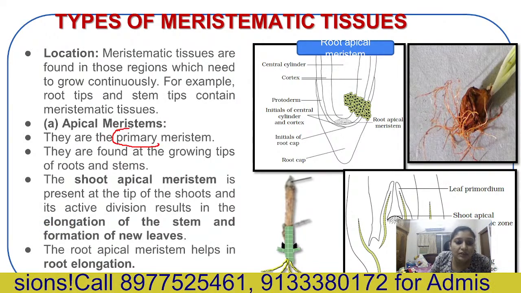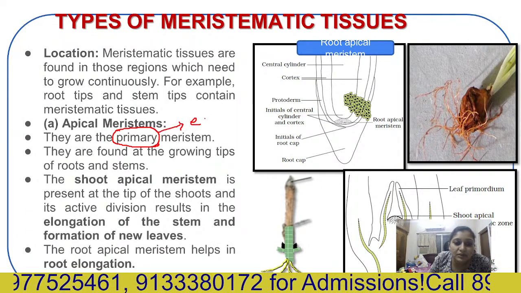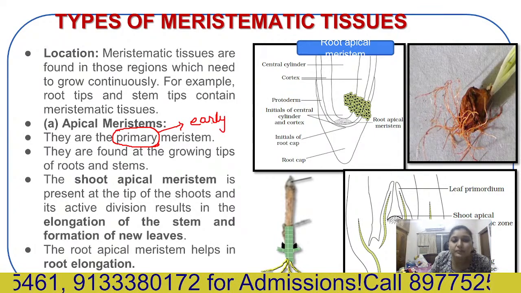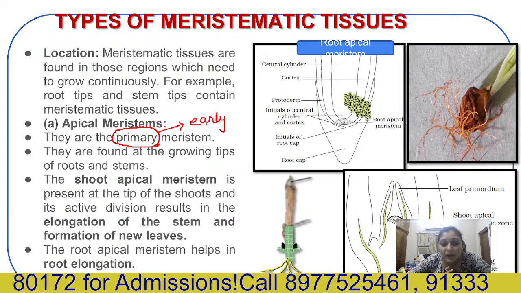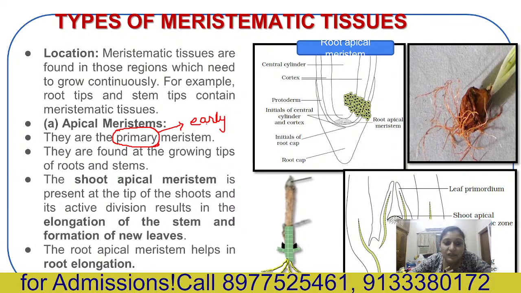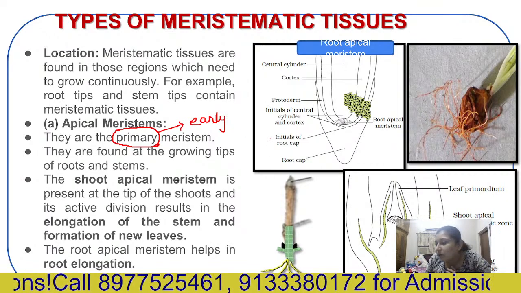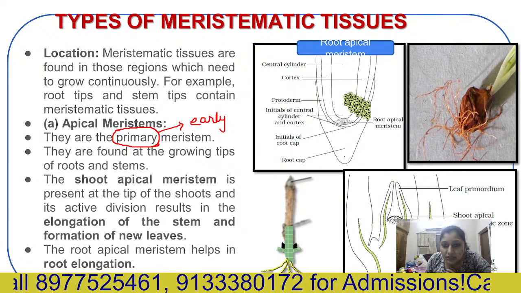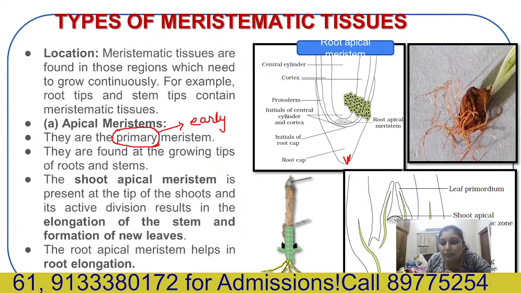Remember, primary means it appears at the early stage of the life cycle of the plant. So apical meristem is a part of primary meristem. They are found at the growing tips, either the tip of the shoot or the tip of the root. This is the root tip here, or the shoot apical tip.